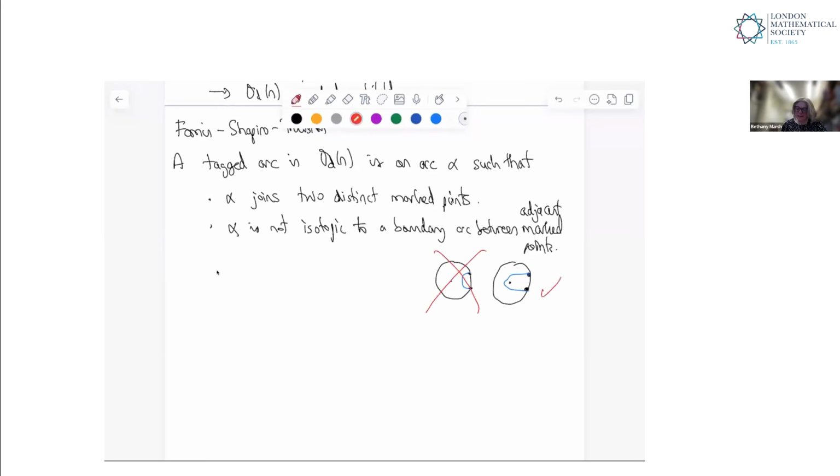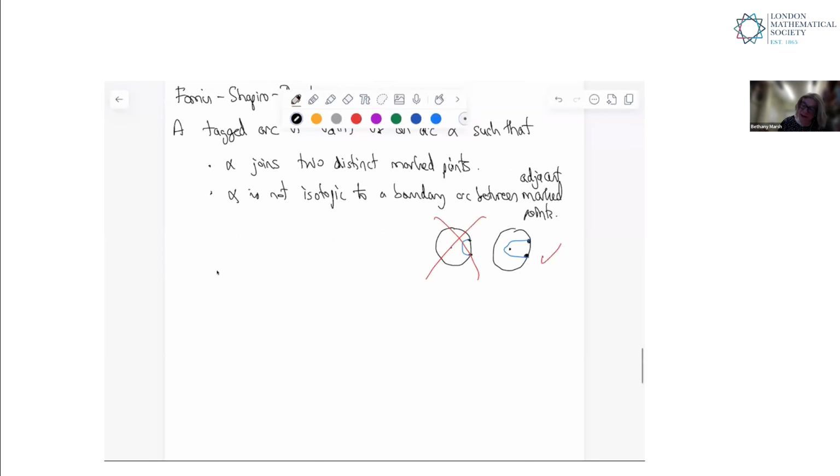So it's only if it's isotopic. Here you couldn't pull it through, so you're not. Again, if it went d times round, that would be disallowed because you could still pull it through. So here, I guess I'm saying if d is greater than 1.